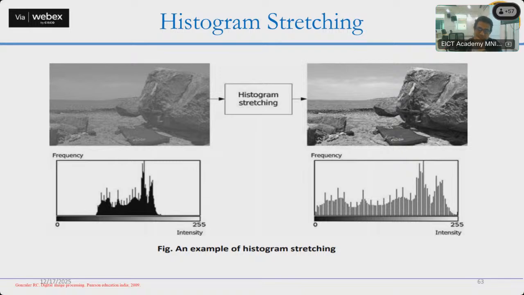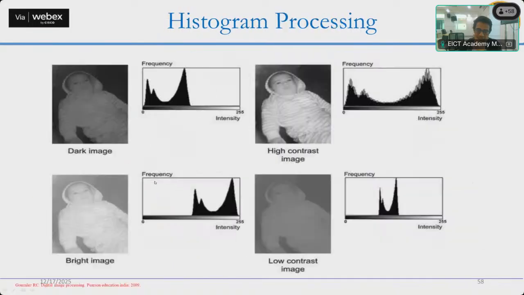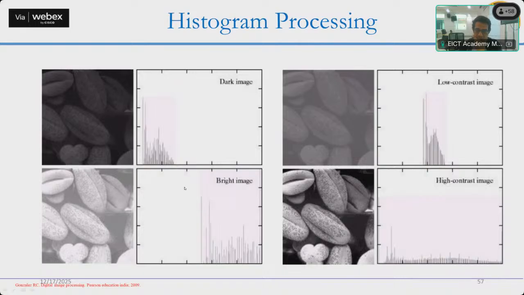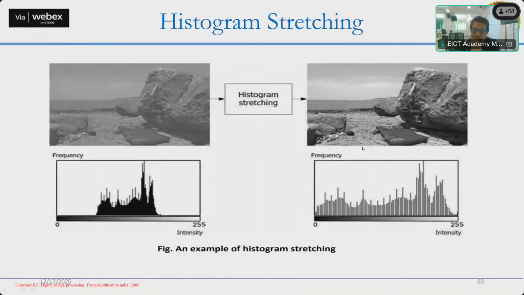If you see this image, you remember again, I hope you have not missed one thing. Notice this diagram here. This is basically the dark one. This is the bright one. This is the low contrast one, where the pattern is in between. In the same way, what you can observe here is that it is in between actually.